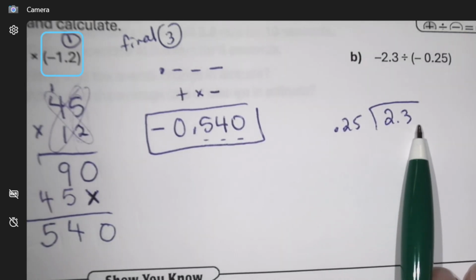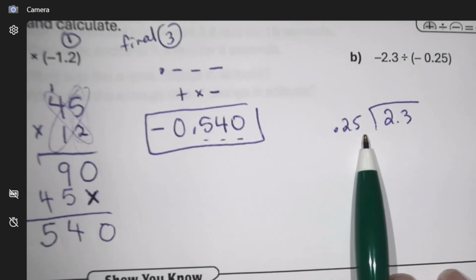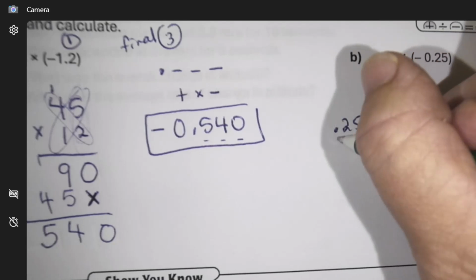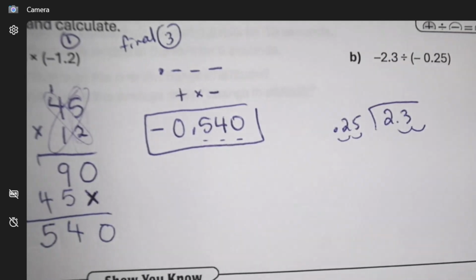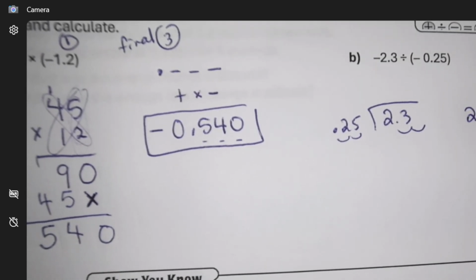Because this is 1, but if I only move 1, that doesn't do it there. So I have to move 2. Okay, so if I move 2, what does my new question look like? 25 divided by 230.